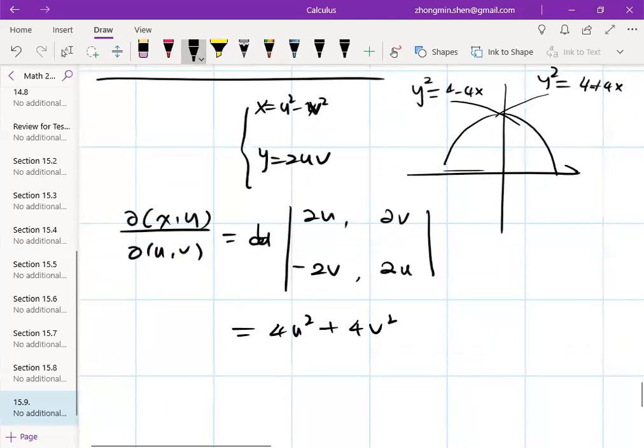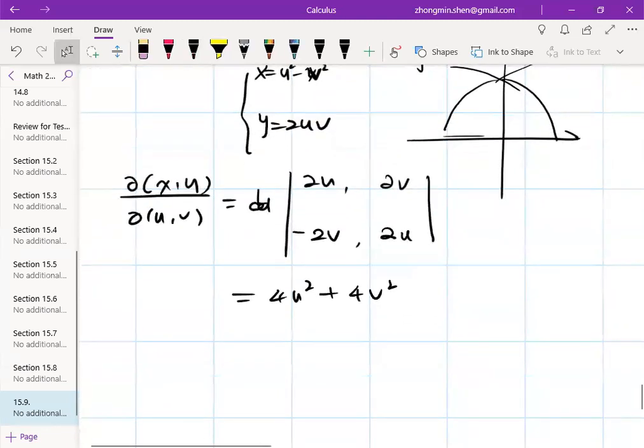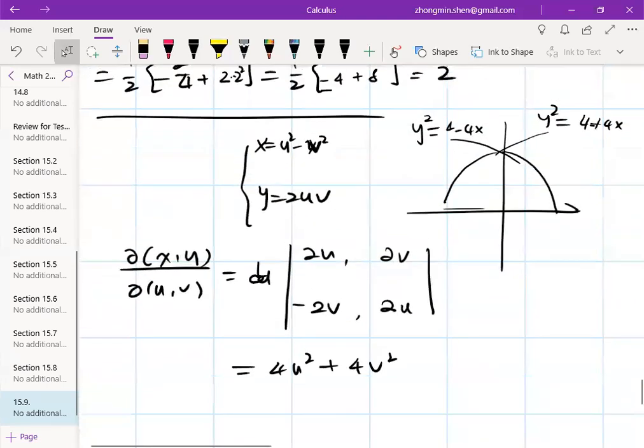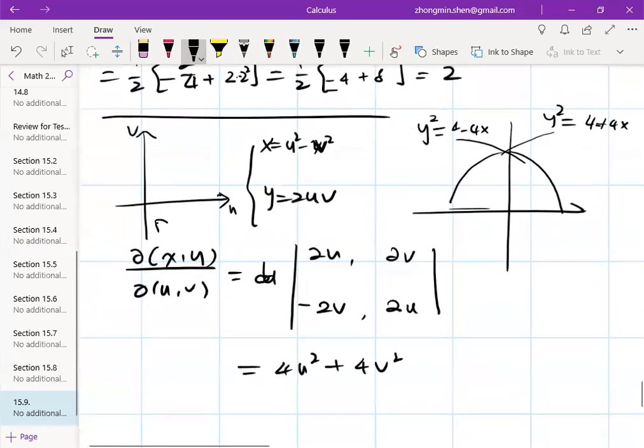So it's positive, right? The next part is to determine the domain in uv for that part. This is a difficult part. So this is my D, right?